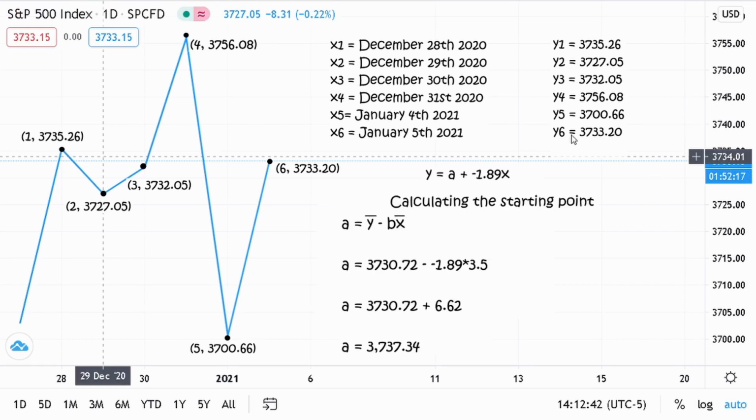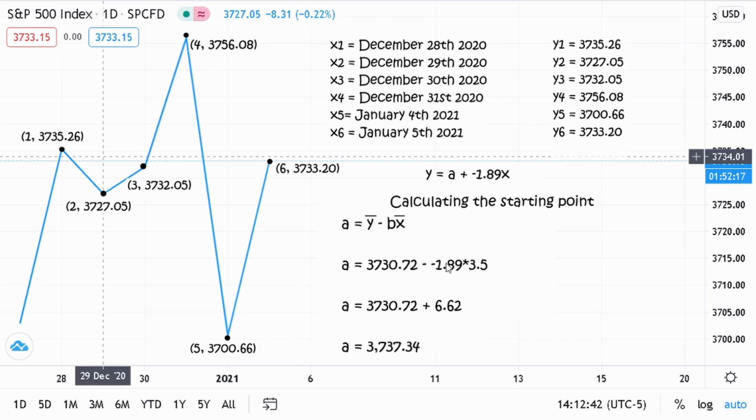All right, now that we have the slope, we can calculate the starting point, which is denoted as A in this equation. So the starting point is going to equal the mean of y, subtract the slope times the mean of x. So the mean of y, if you remember, is $3,730.72. Then we're going to multiply the slope, which is negative 1.89, by the mean of x, 3.5.